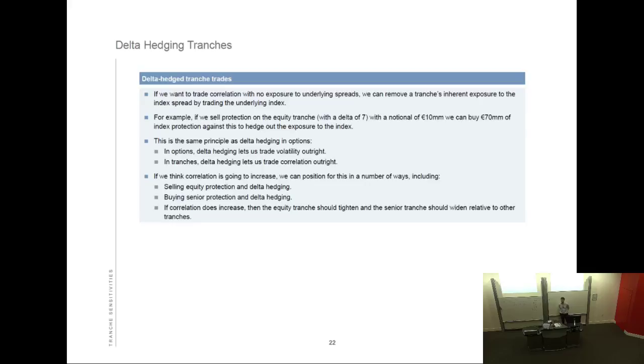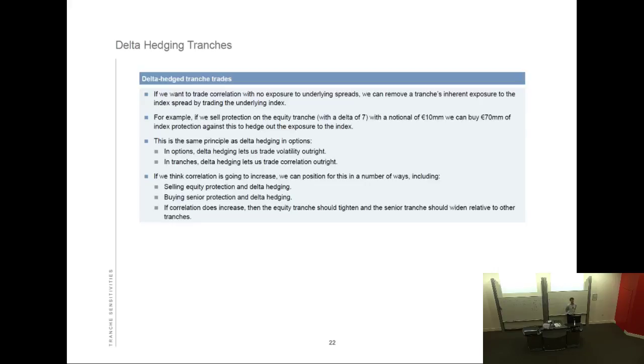Okay, and now what about delta hedged tranches? Delta hedging tranches is another popular way to trade them, just like people like to delta hedge options. When people delta hedge options, they normally try to trade the volatility that the option was priced with, and express a view that it is too high or too low relative to what you think the market will realize.